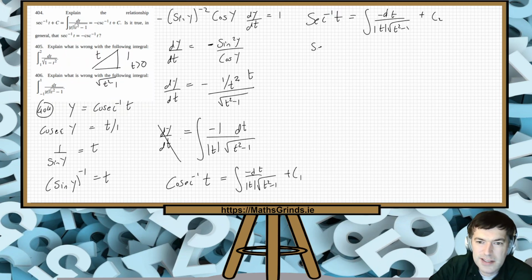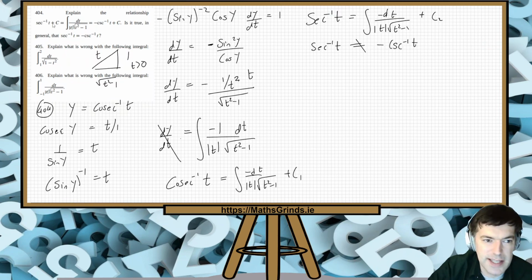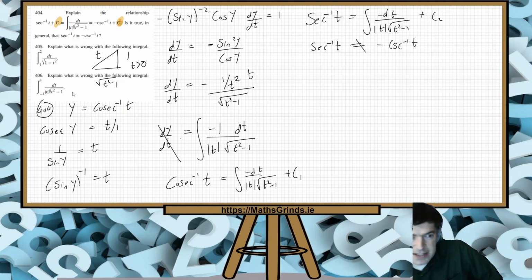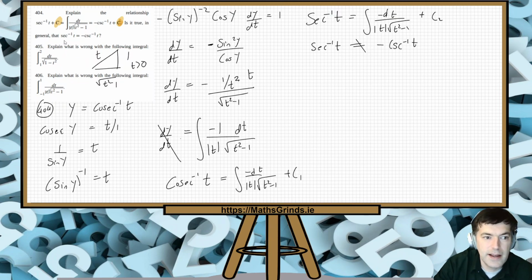In other words, sec inverse does not equal minus cosec inverse, because it might be tempting to say that, but actually what's a little bit confusing here is those c's aren't actually the same. They're different constants. So that's why it's a mistake to think this. You can see this by just putting in different values. It's not going to equal. And the reason is because C1 is not necessarily equal to C2.